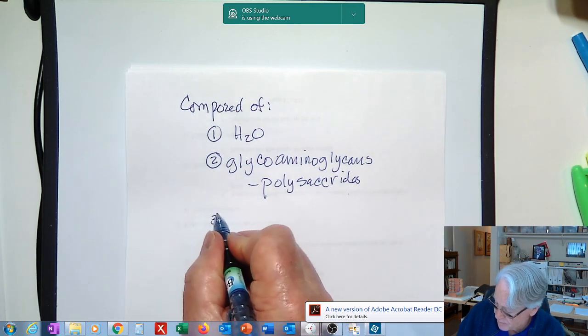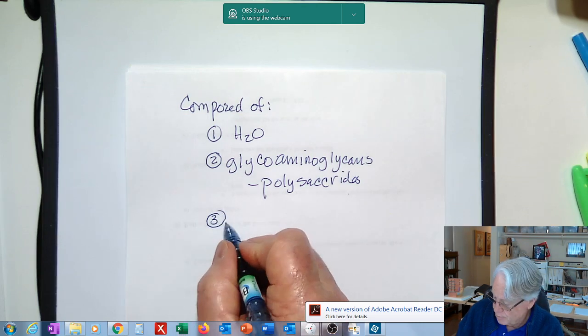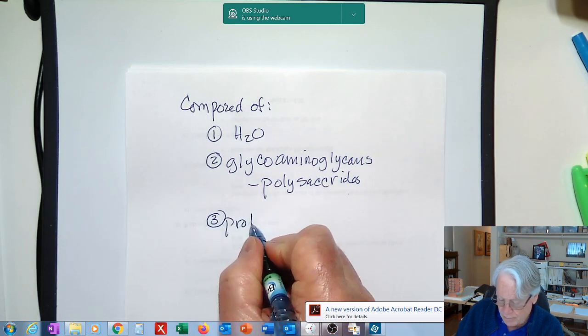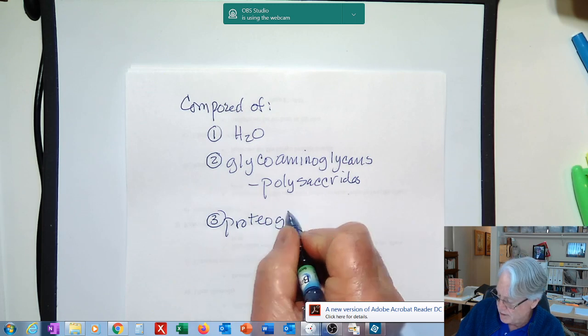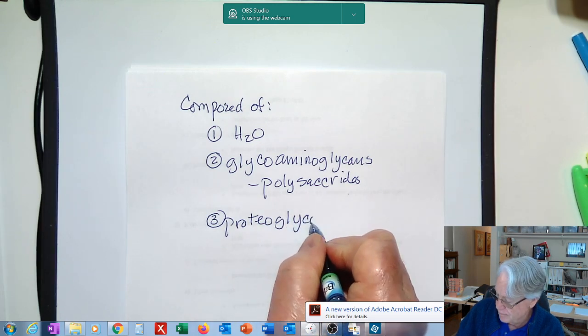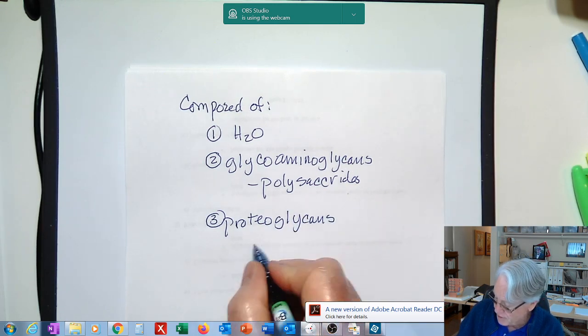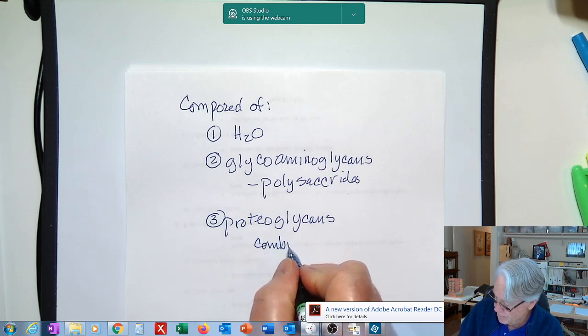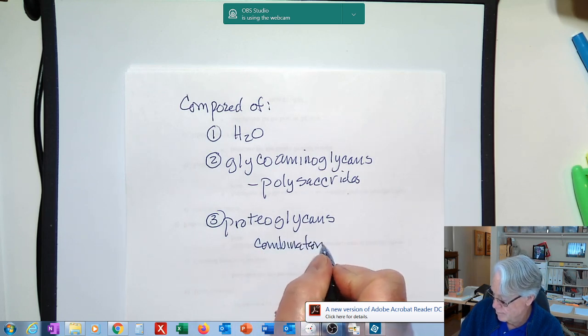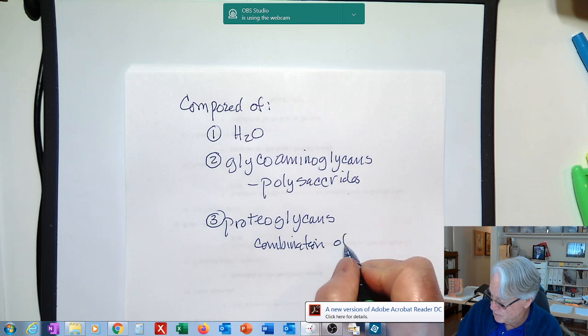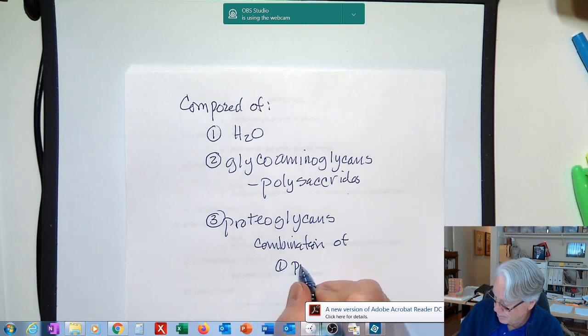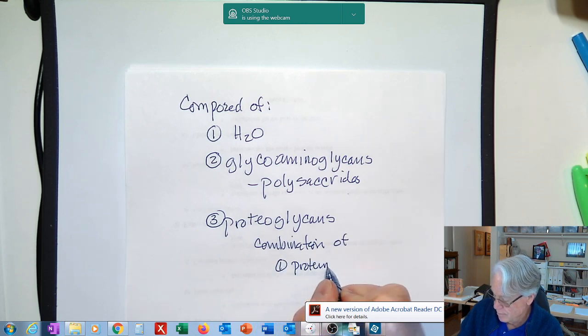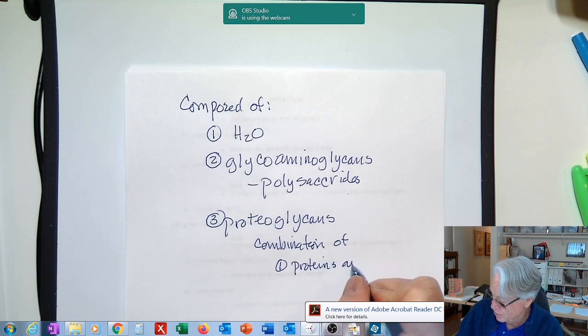Number 3, proteoglycans. This is a combination of proteins and sugars.